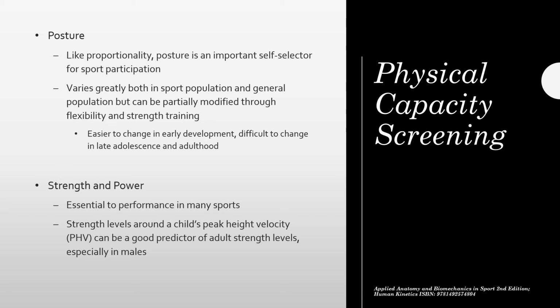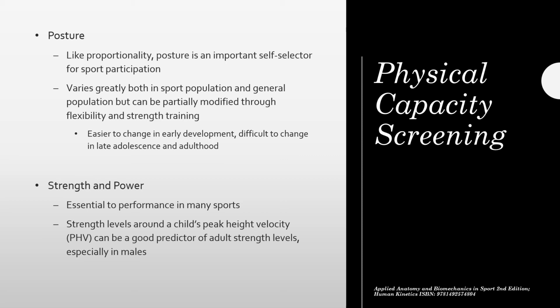If you're going to modify somebody's posture, the earlier you do it, the better. So if you are early in development, so prepubescent through adolescence, you actually have a shot at changing somebody's posture. However, once you get into late adolescence and adulthood, posture tends to get fixed and it's a lot harder to change.